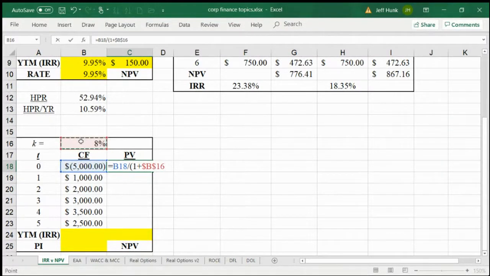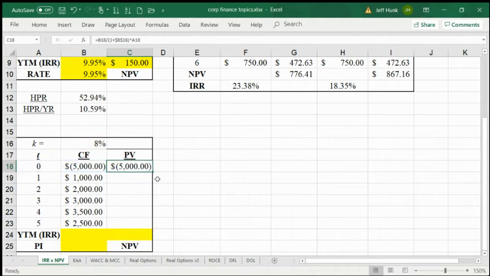Now think about it. I'm discounting it, and you might ask, it's already time 0, why do you need to discount? It's already in present value. Yes, it is, but it doesn't hurt, because anything raised to 0 will be 1, so it's going to be just itself, B18.